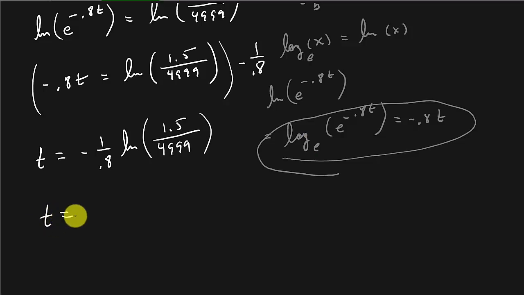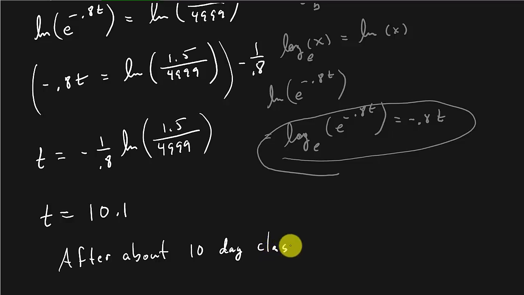And then, of course, you would plug that into your calculator, and you're going to get about 10.1. So we would say after about 10 days, classes will be canceled.